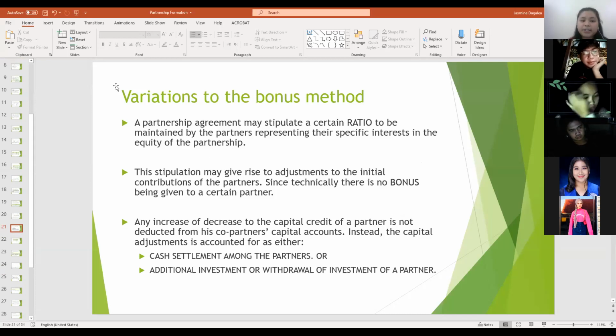Yan. A partnership agreement may stipulate a certain ratio to be maintained by the partners representing their specific interest in the equity of the partnership.